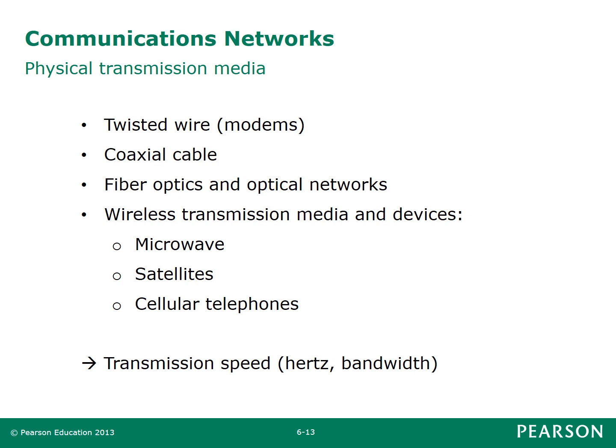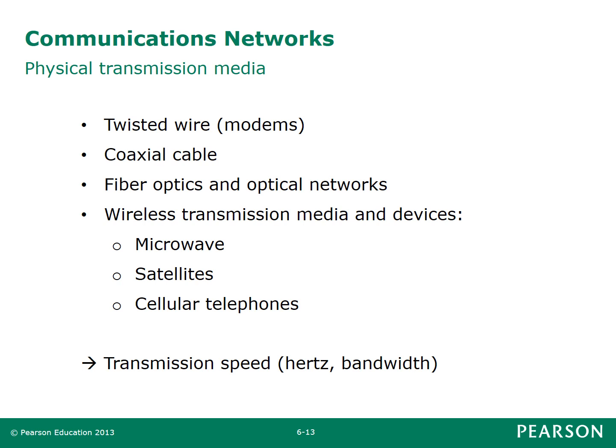Fiber optic cable is a clear glass fiber transmitting data as pulses of light generated by lasers, useful for high-speed transmission of large quantities of data, more expensive than other physical transmission media and harder to install, often used for network backbone.